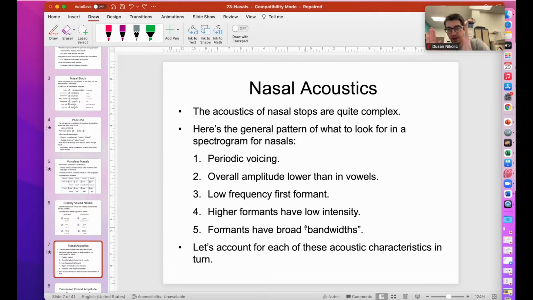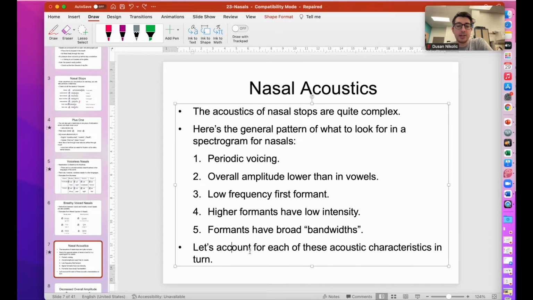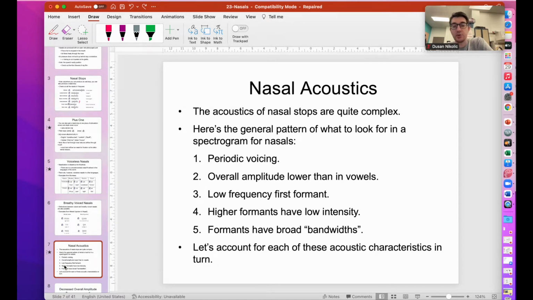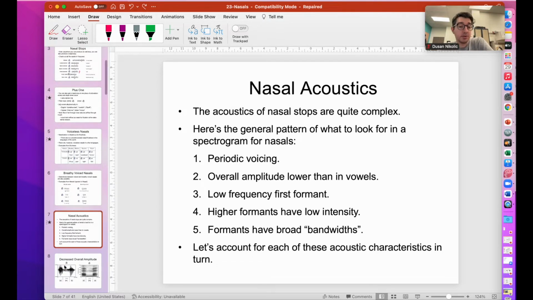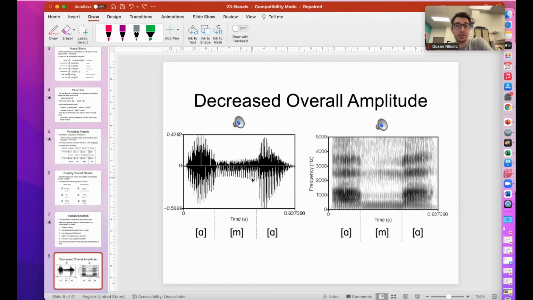Formants have broad bandwidth, so they are a little bit spread out in their glottal pulses, and that's why the differences between frequencies are different. And the characteristics are visible, right, in a spectrogram, even in a waveform. So in a waveform, you can say, okay, this is probably a vowel because it has high air pressure.